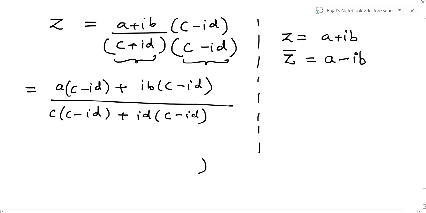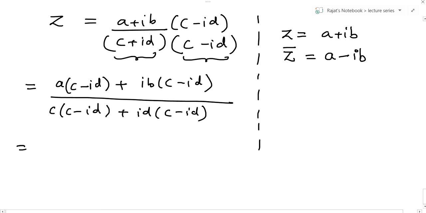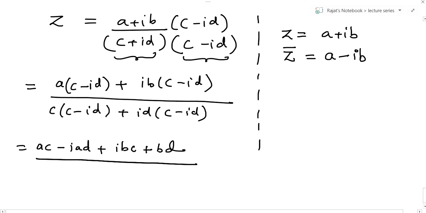Let's solve it. ac minus iad plus ibc minus i square b d, and i square is minus 1, so this becomes plus bd, divided by c square minus icd plus idc minus i square d square, which is again plus d square.